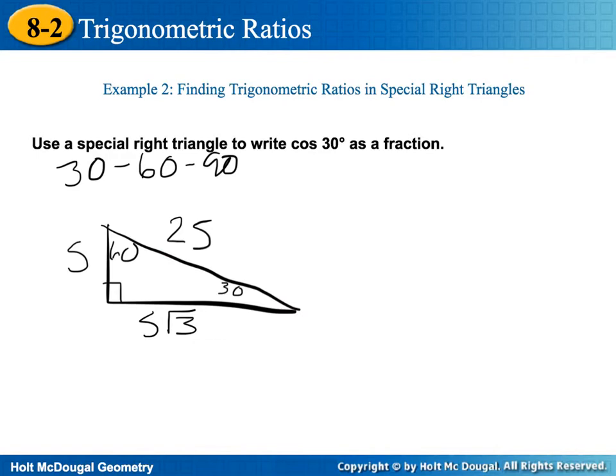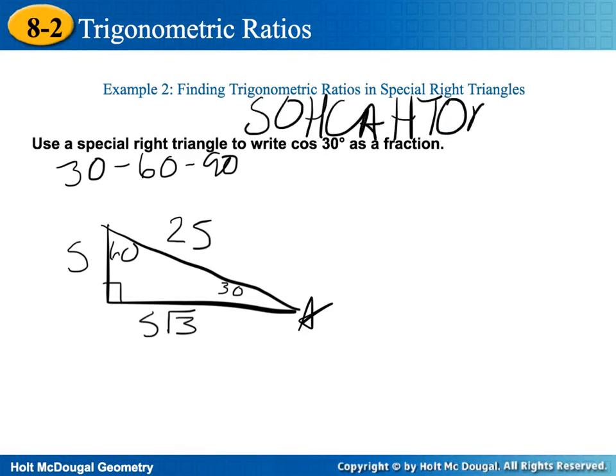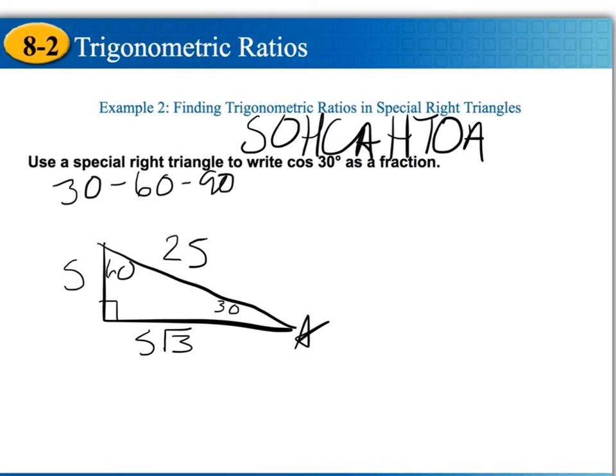Since this is the 30-degree angle right here, I'm going to do cosine from this point. Cosine of 30 tells me to do adjacent over hypotenuse. So I've got SOHCAHTOA up here.